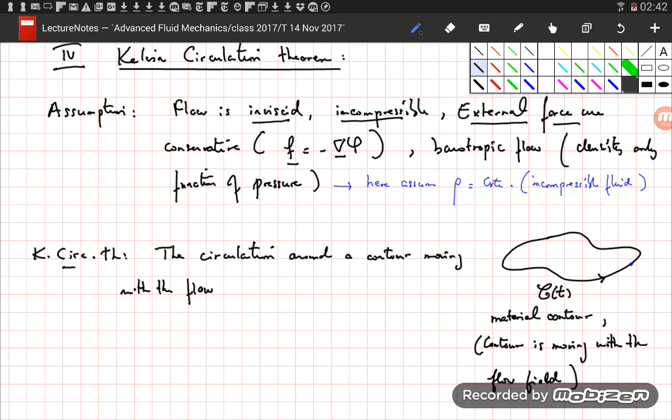In that case, the circulation around a material contour is constant. This here is the Kelvin circulation theorem.